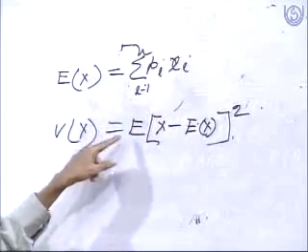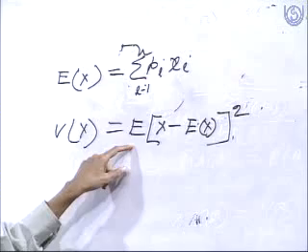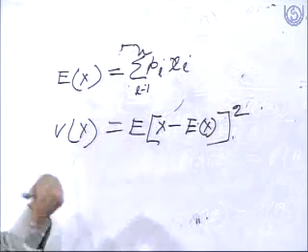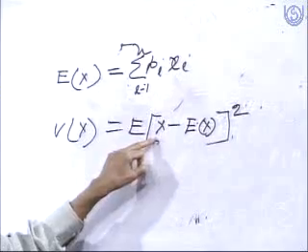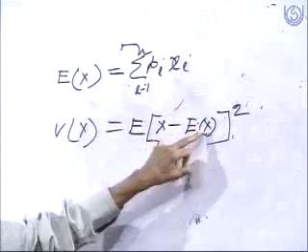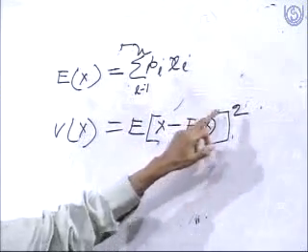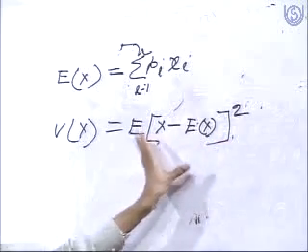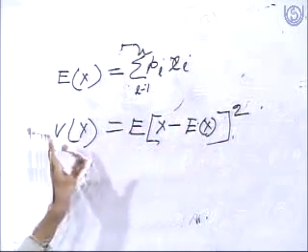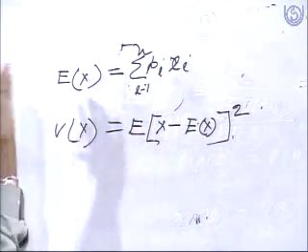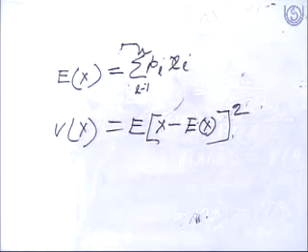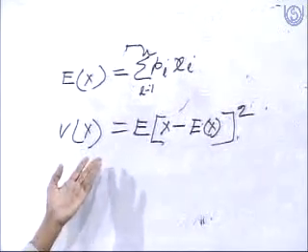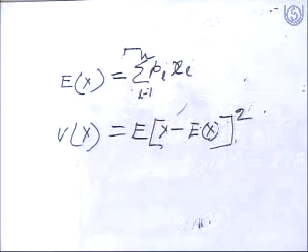Here also we are taking the average, because expectation is the concept of average, of the different values of a particular random variable from the mean of that random variable, and then we square it. So the concept of variance is quite similar to the concept of variance as we use the term in the case of an ordinary frequency distribution.